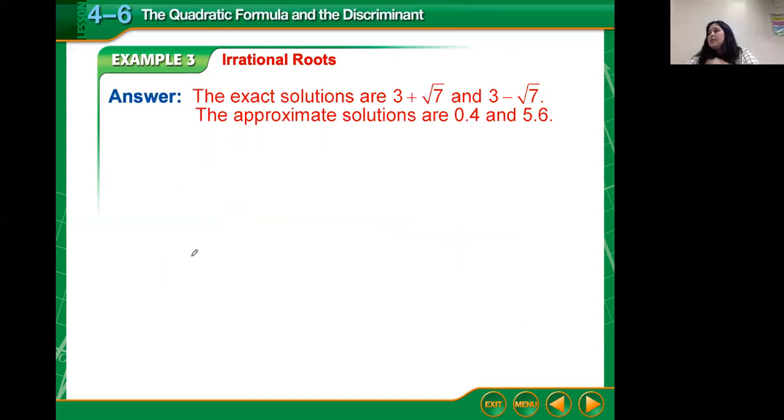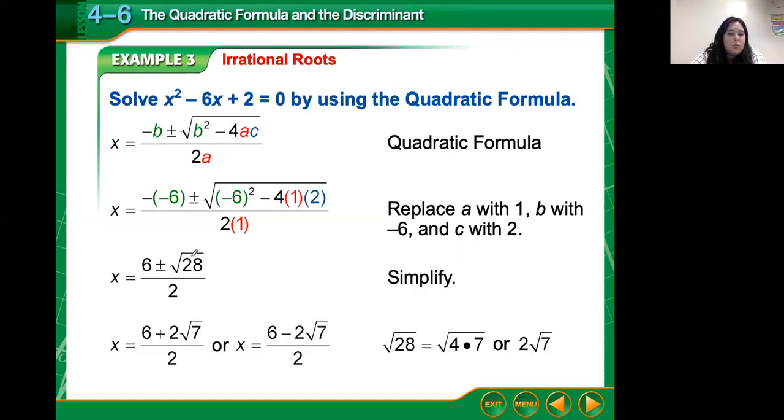So we are able to simplify this to 3 plus square root of 7 and 3 minus square root of 7. And I'm going to show you, we're only able to do that because the 6 is divisible by 2, the 2 outside the radical is divisible by 2, and the 2 in the denominator is divisible by 2. So we can actually simplify all 3 of these by dividing by 2.